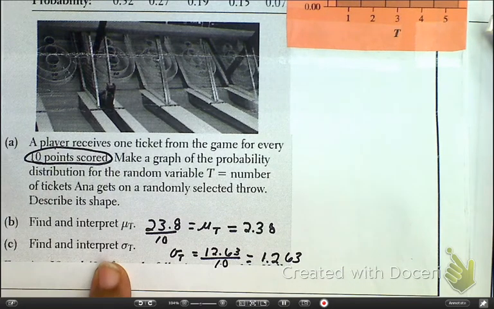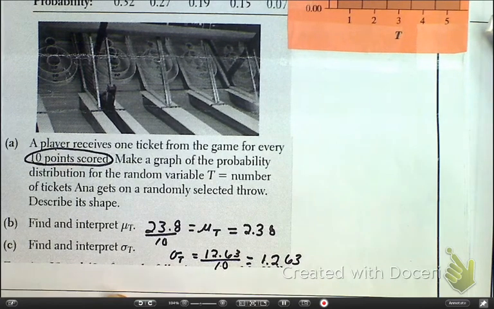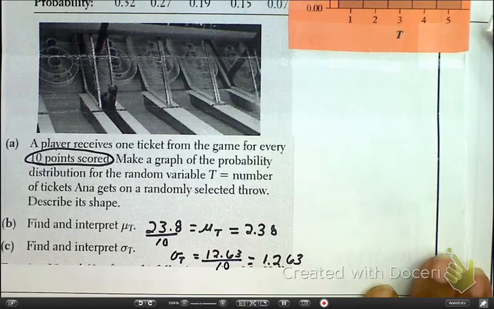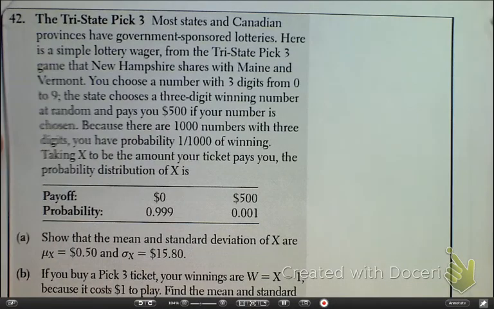And then the standard deviation is saying the number of tickets that Anna wins typically or on average will be about 1.263 away from the mean, which is 2.38. Okay, so now I'm going to go to the next question. Go ahead and look at number 42.